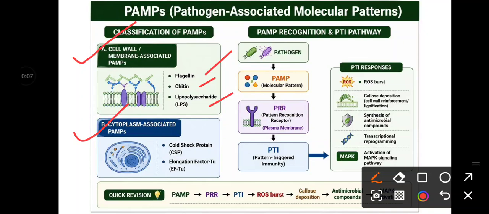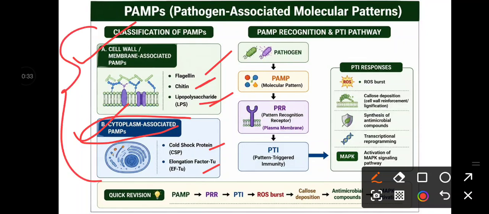Flagella is present outside the cell wall. Then chitin is located in the cell wall. Lipopolysaccharide is in the exopolysaccharide region. Then the cytoplasm associated ones are present in the cytoplasm of the pathogen, like the cold shock protein and elongation factor. Okay. So this is about the classification of PAMPs.